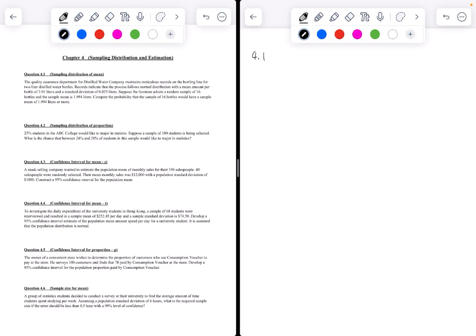So here the question tells us that the mean of the population is 2.01 and the standard deviation is 0.025. So we can construct the normal distribution of the liters, which is N(2.01, 0.025 squared).